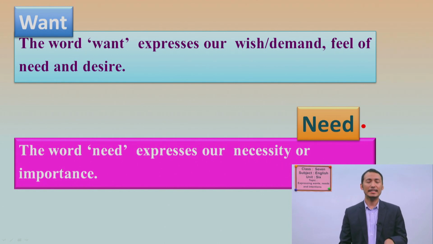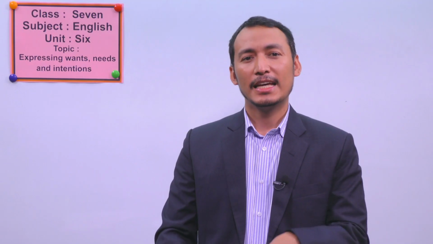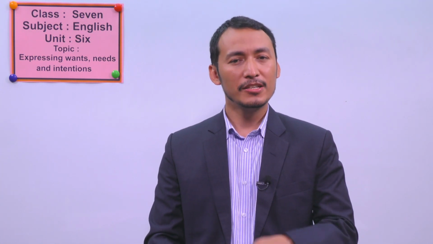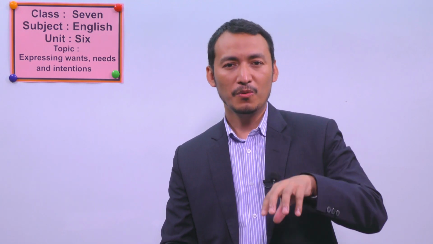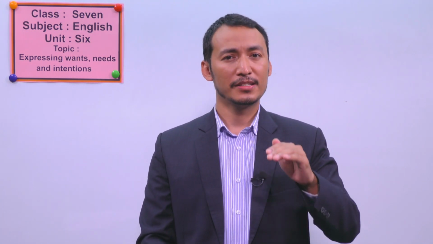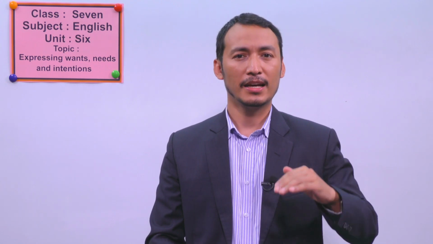So want and needs, though they look similar or sound similar, want is little soft and need is stronger in the meaning. Okay? So normally you can say I want this thing, or you can say that I need this thing. But if you want to say you really want something very important, then you should use need.